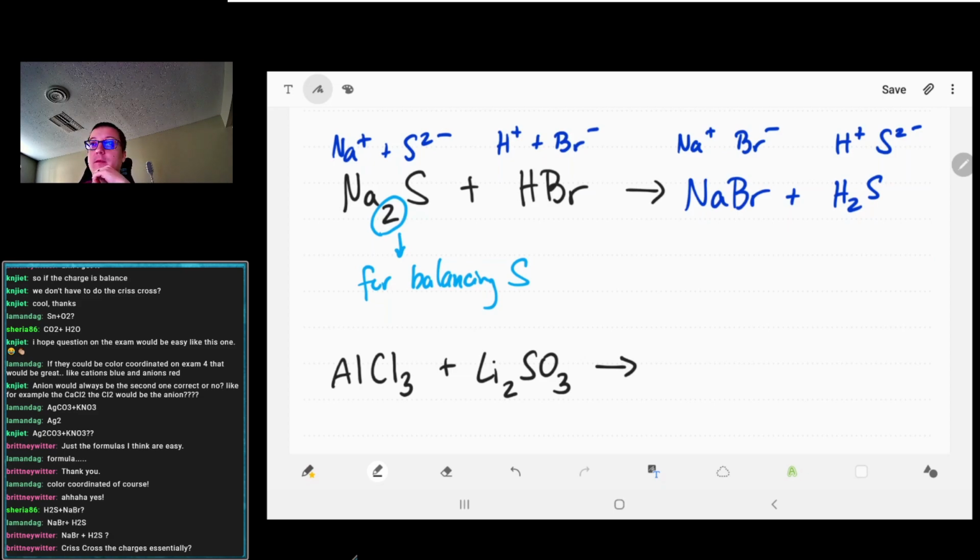Yes, that's all we're doing. So notice if we crisscross here, we should get 1 and 1. If we crisscross here, we should get 2 and 1, which is exactly what we got for our compounds.